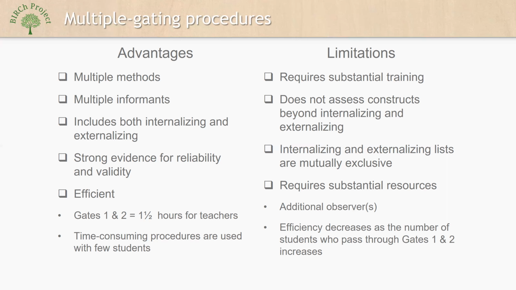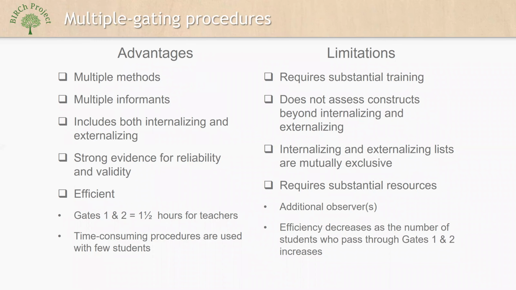If a lot of students are passing through to the 3rd phase, then the observer will spend a lot of time conducting these observations. The efficiency thus decreases as the number of students who pass through gates 1 and 2 increases. So the more students who pass through those early gates, the more time we have to spend in the later phases of this particular assessment.